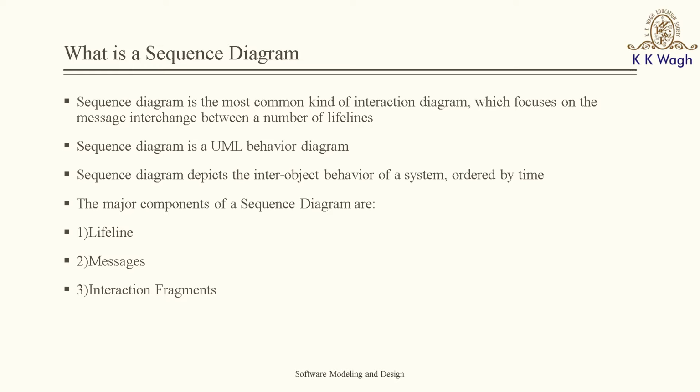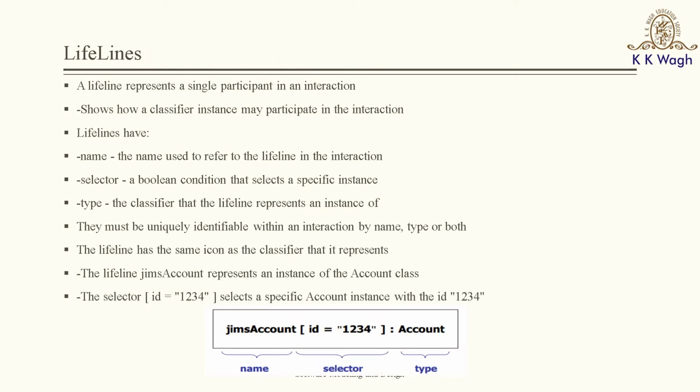Basically, we have several objects of classes. Objects exist in the system. These are different objects, and you can think of them as a type. Objects exist at that time, and then they exchange messages between themselves.